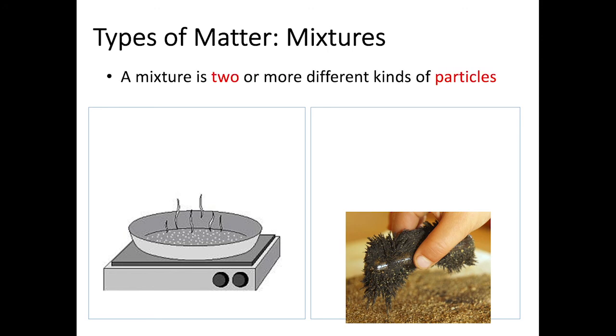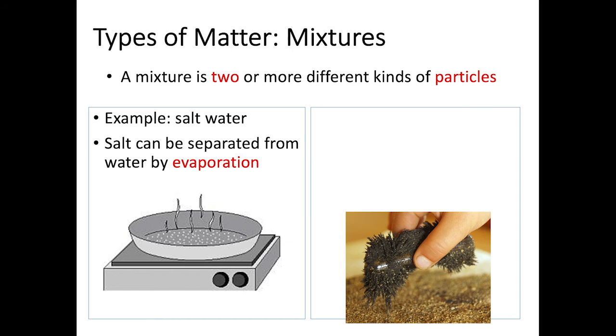Mixtures, on the other hand, are a little bit easier to separate out by hand. A mixture is two or more different types of particles. For example, here I've got salt water. This water has salt in it. If I wanted to remove the salt from the water, I could physically separate them by the process of evaporation.